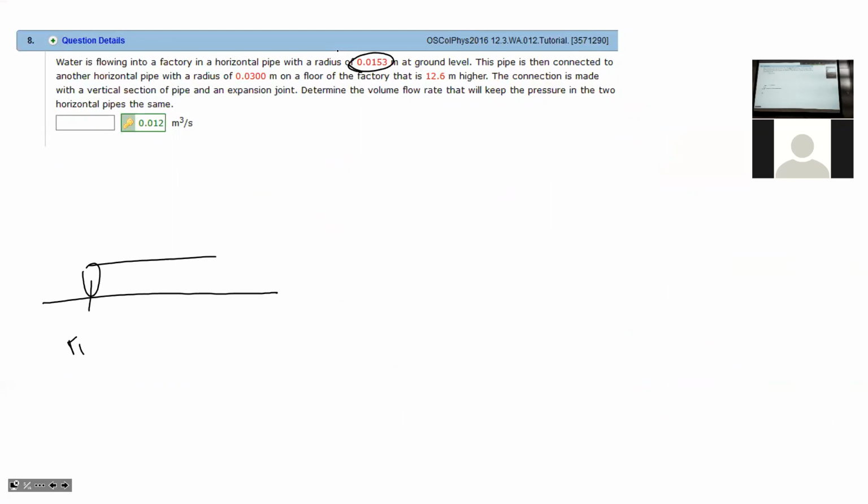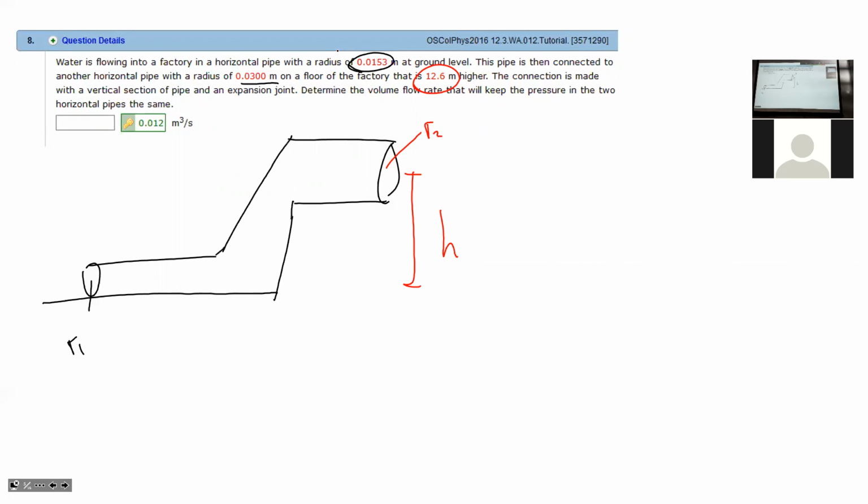And there is another horizontal pipe higher, and it is wider, like this. Higher by this amount and wider. And of course, these two pipes are supposed to be connected in a certain way, it doesn't really matter.